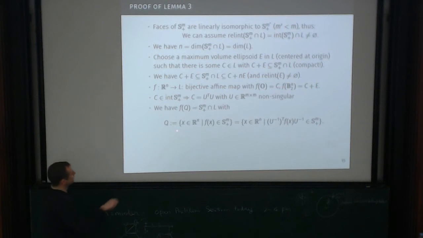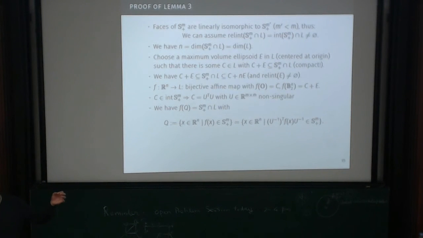So we define Q, the set we search for, to be the set of all x such that f(x) is positive semidefinite. The image of R^n under f is exactly L, so this is exactly S plus M intersected with L. Now what we use, and this is specific to the semidefinite cone as well, is that the semidefinite cone is invariant under multiplication with an invertible matrix and its transpose from both sides.